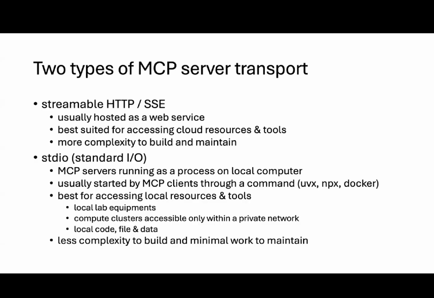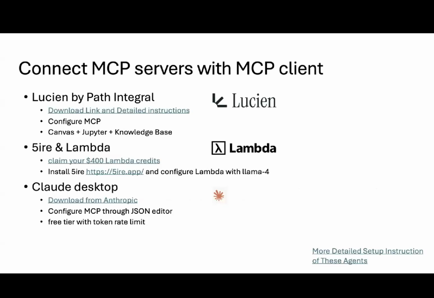It's also less complex to build and requires very minimal work to maintain. So we recommend trying to control MCP servers with Lucian, which is the scientific research agent app that we built. Every one of you should be added to the allow list already. Right now, it's still in the invitation-only testing phase.